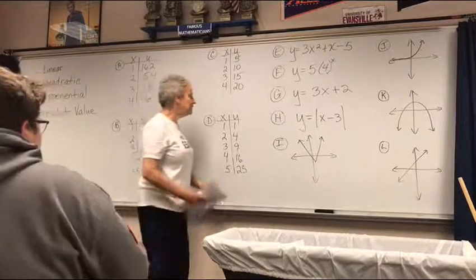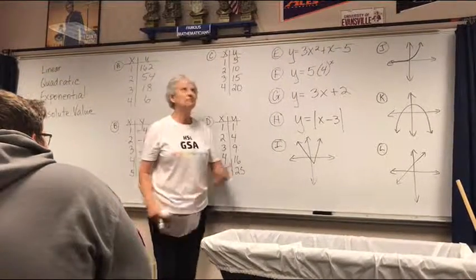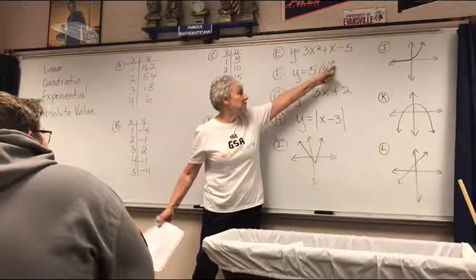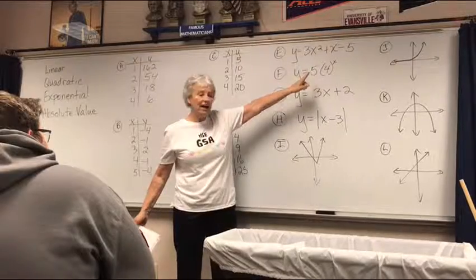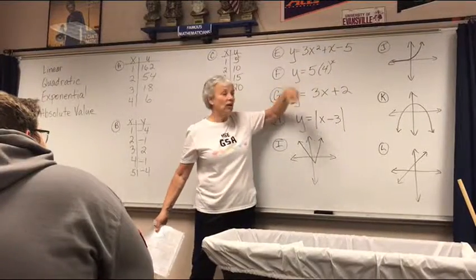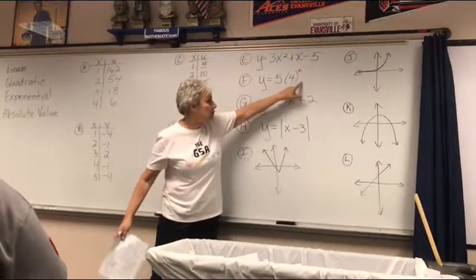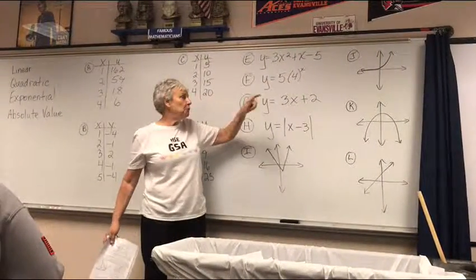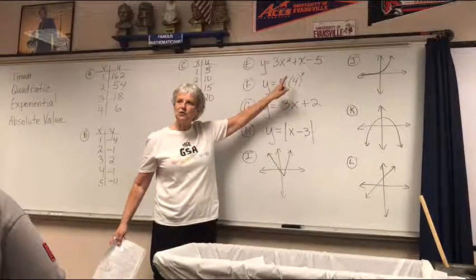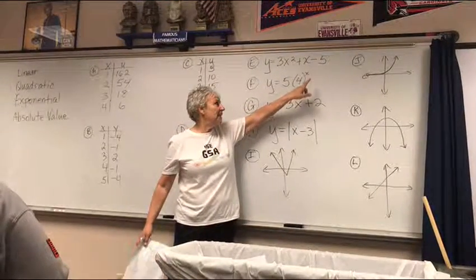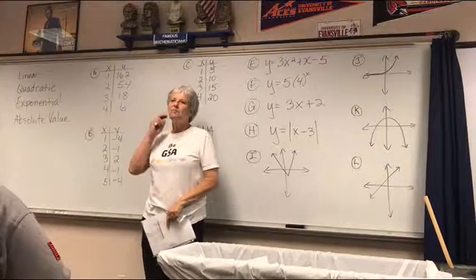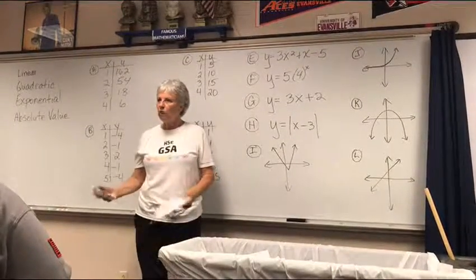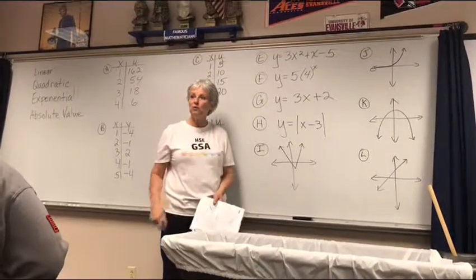Okay, which equation is exponential? X is the exponent. That's what makes it climb so fast. Now, when you're doing this by hand, you would have to do the exponent first and then times 5. Your calculators would do the exponent first, because the order of operations says exponent before multiplication.